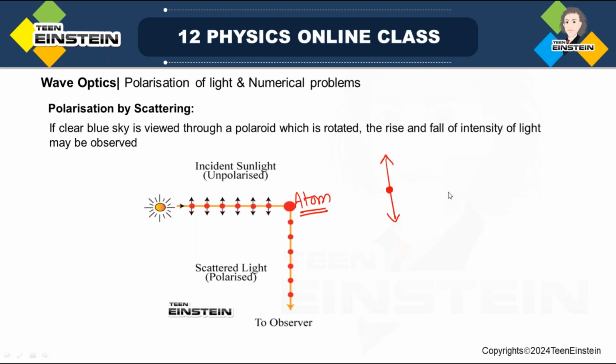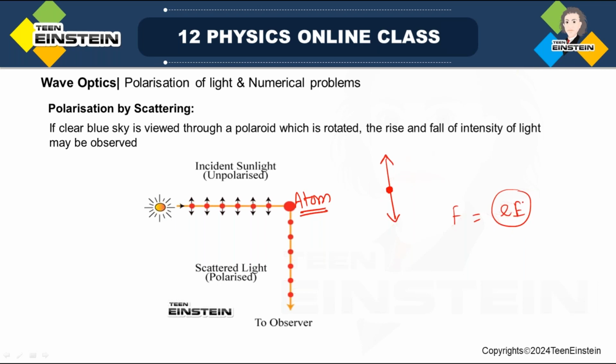Excuse me, I'm back. So we have discussed how sunlight gets scattered by atoms in the atmosphere. Atoms have electrons and sunlight has an electric field vector, so it will exert a force on the electrons, and those electrons will oscillate since the electric field is also oscillating.